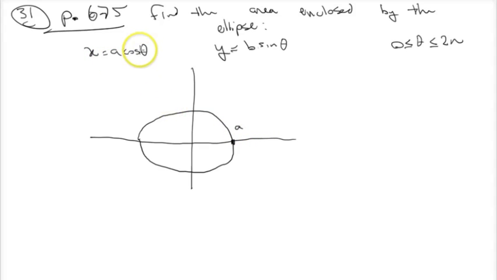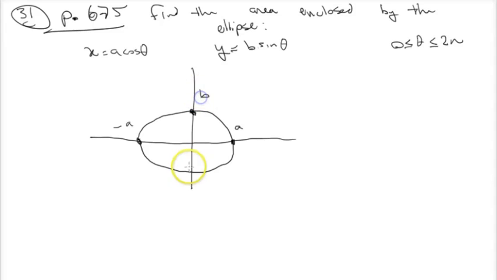And then we can imagine if theta was pi, y would continue to be 0, and this point right here would be negative a. And when theta is equal to pi over 2, sine is going to be 1, so y is going to be b, and x is going to be 0 because cosine of pi over 2 is 0.